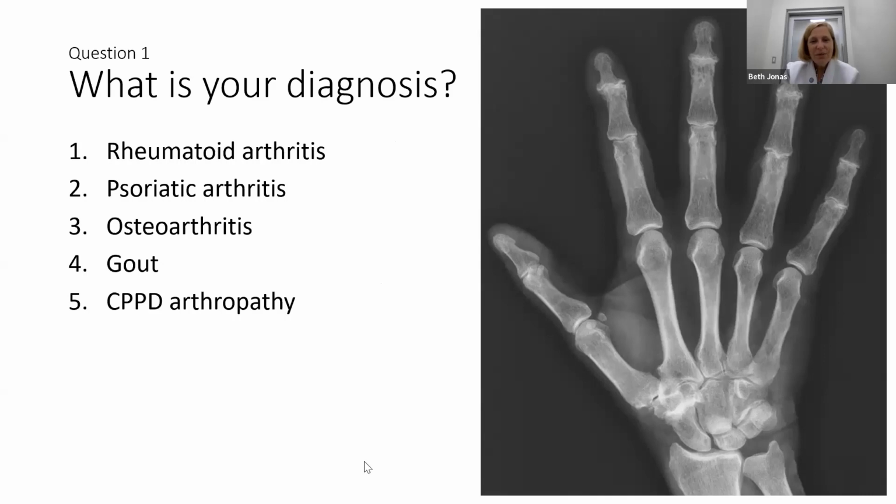So 75% of you got it right. This is osteoarthritis because of the pattern of joint involvement. This involves the PIP joints and the DIP joints, and you can see here, there's some osteophytes, and there's sparing of the MCP joints. And here you can see involvement of the basal thumb joint. So this is pretty characteristic of osteoarthritis.